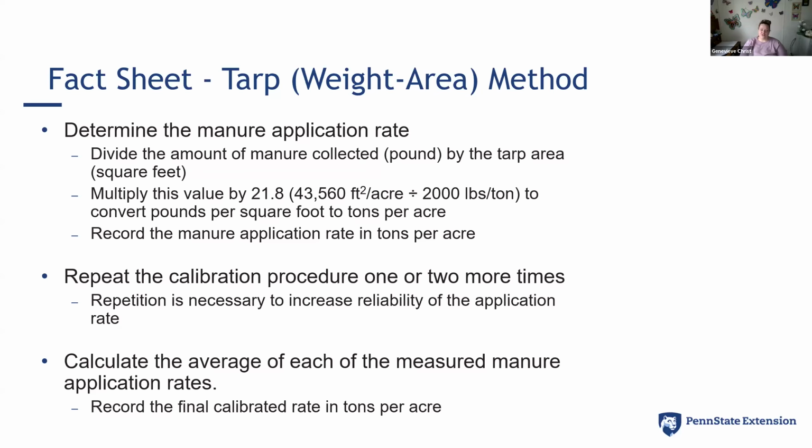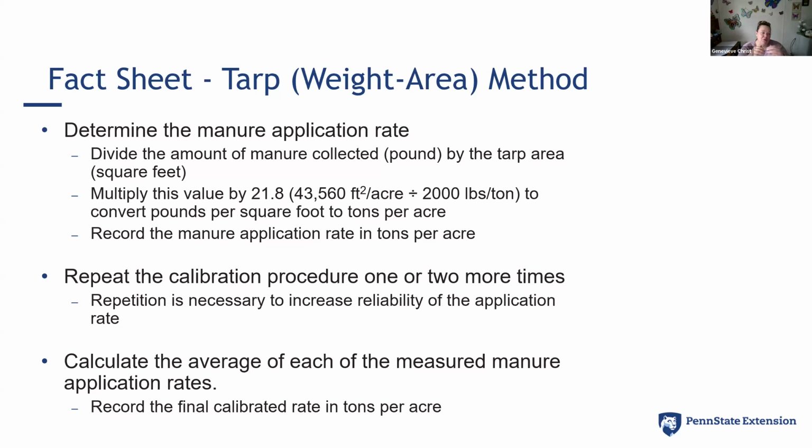At this point, you can determine what the manure application rate is out on that field. So you basically divide the amount of the manure collected by the tarp area, so how many pounds, divided by that tarp area in square feet, and then you multiply by the value of 21.8. And so 21.8 is the conversion factor that was determined using square feet in an acre and 2,000 pounds per ton.